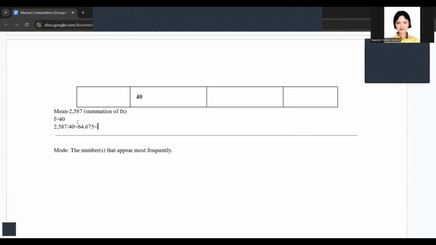So it will be equal to 64.68. So now our mean is equal to 64.68.